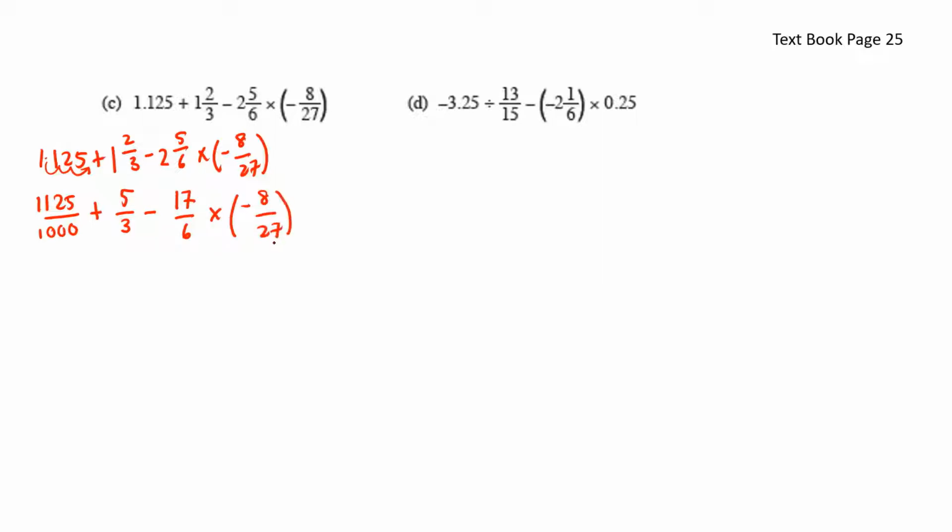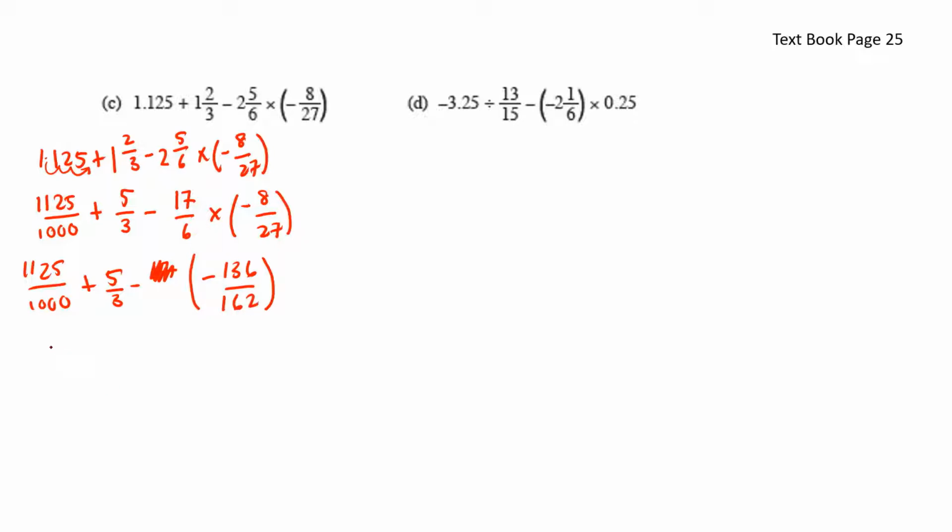So here let's do multiplication first. We'll have 1125 over 1000 plus 5 over 3 minus 17, minus, okay, so here we have positive and negative. That will give us a negative number. 17 times 8 will give us 136 over 162.